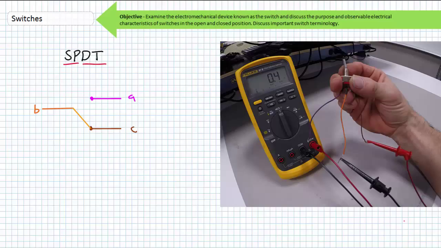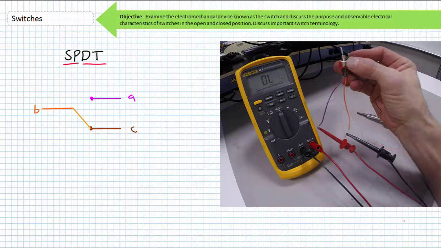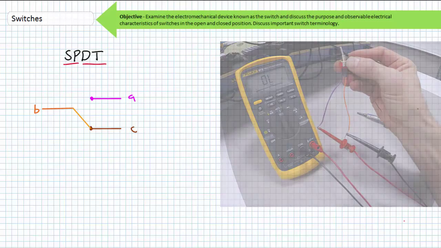This portion of the switch is now closed. If we go back to check the connection between the A and B terminals, the ohm meter now indicates no connection. This portion of the switch is now open. Again, it makes sense. A single pole double throw switch is toggling between 2 different throws. When one is open, the other is closed, and vice versa.